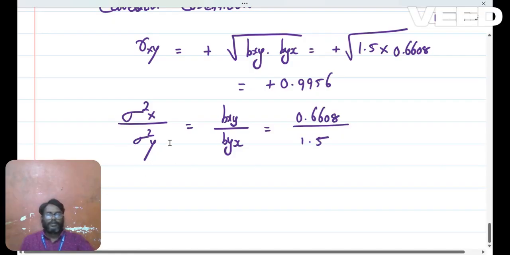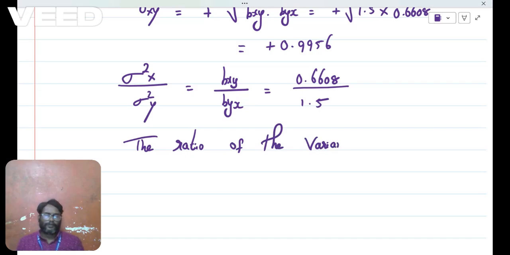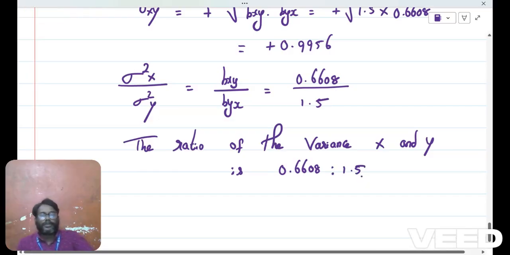The ratio of the variance of x and y is 0.6608 is to 1.5. So these are the extra information we are able to get from the regression coefficients.